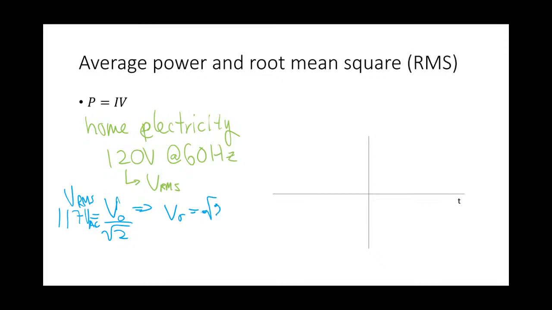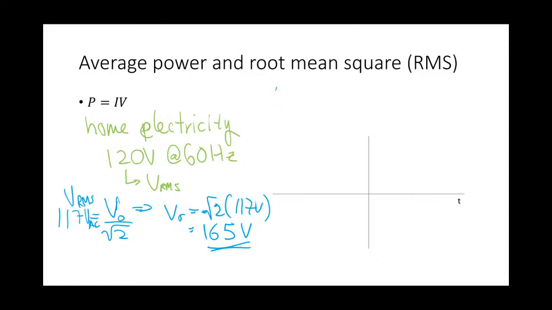It's going to be root 2 multiplied by 117 volts, which is 165 volts. So that's the actual amplitude of the thing that comes out of your walls.